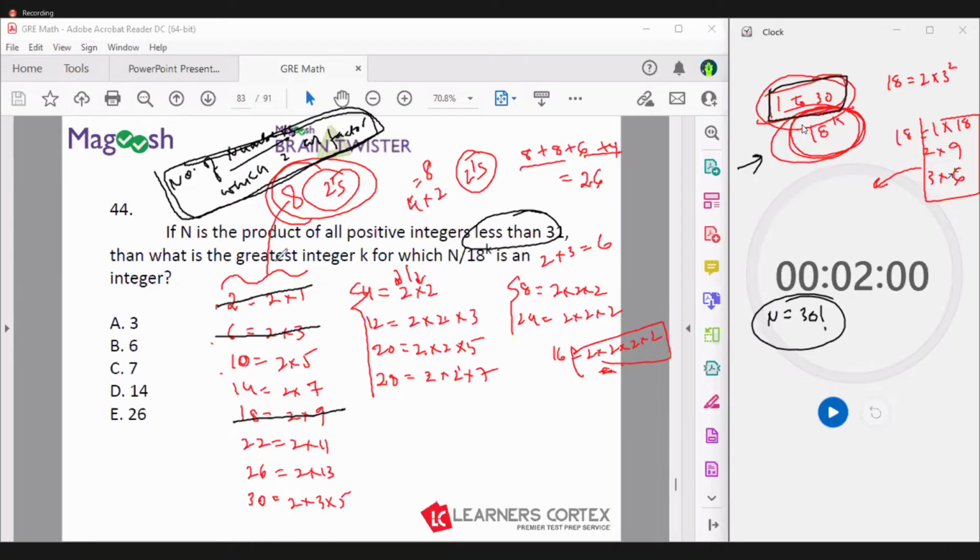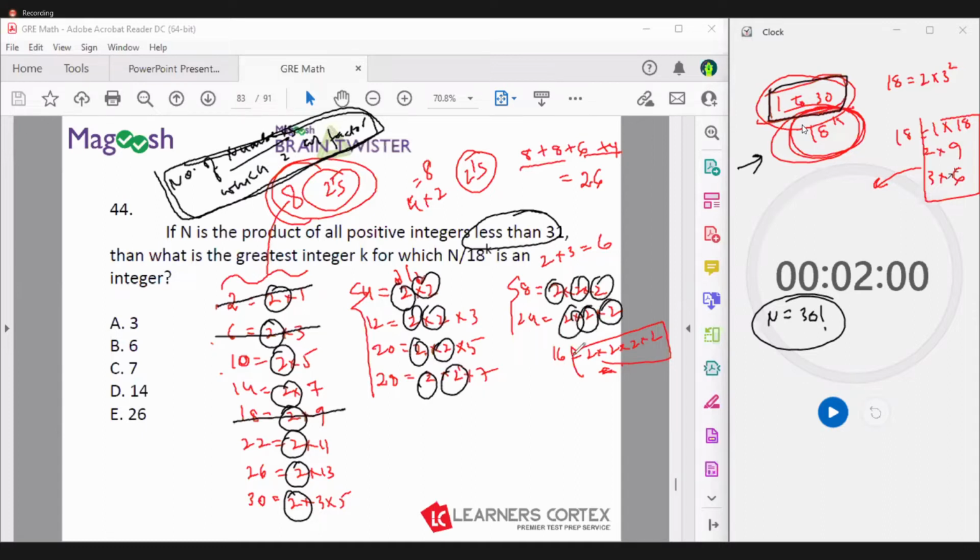We are basically counting. So we have 1, 2, 3, 4, 5, 6, 7, 8, 9, 10, 11, 12, 13, 14, 15, 16, 17, 18, 19, 20, 21, 22, 23, 24, 25 and 26. So basically n equals 30 factorial.